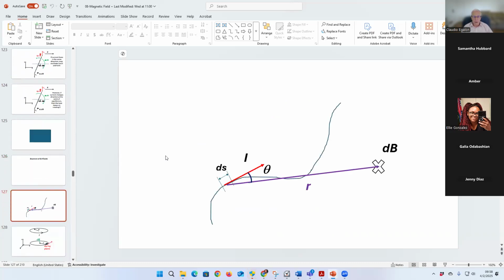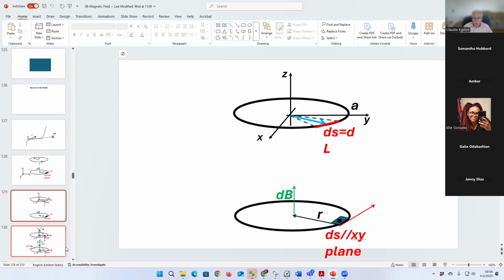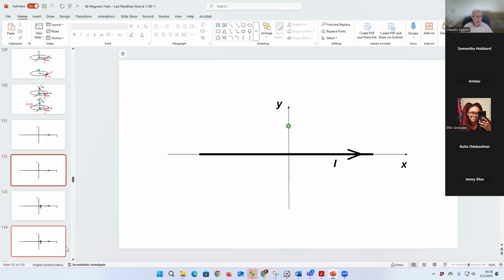Let's see here if I have a better drawing here for you. Okay. Here is a current carrying wire. The current is moving from the left to the right, in the positive X direction.